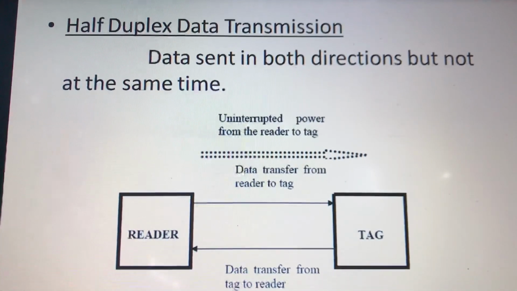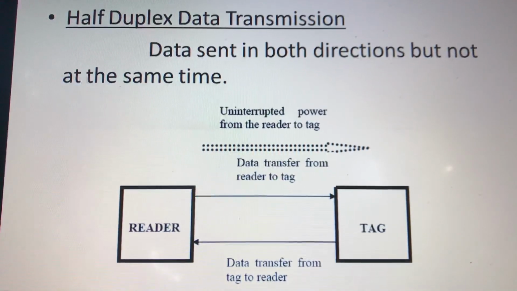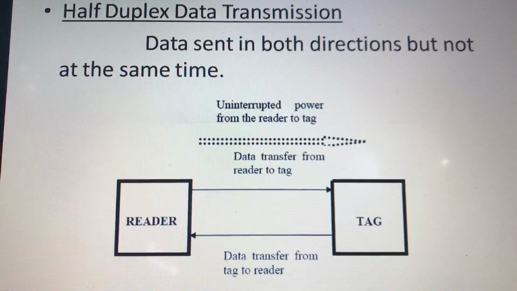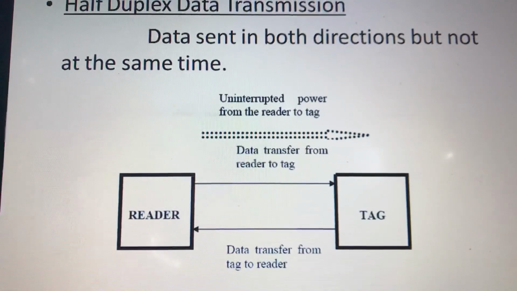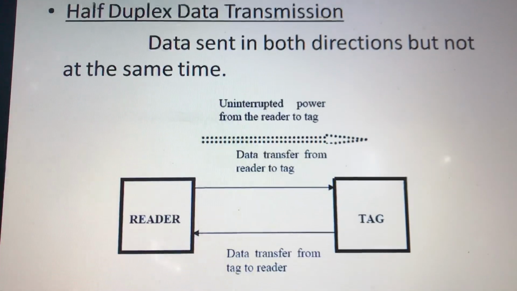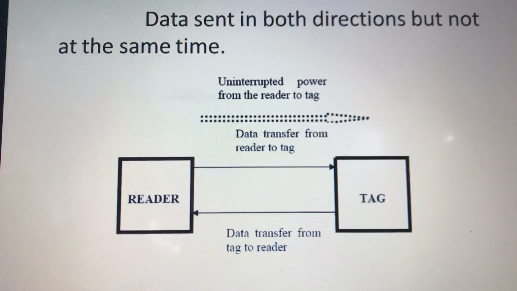Half duplex data transmission. Data is sent in both directions but not at the same time. Only one person at a time can send the data or a file. The reader transfers the data to the tag.